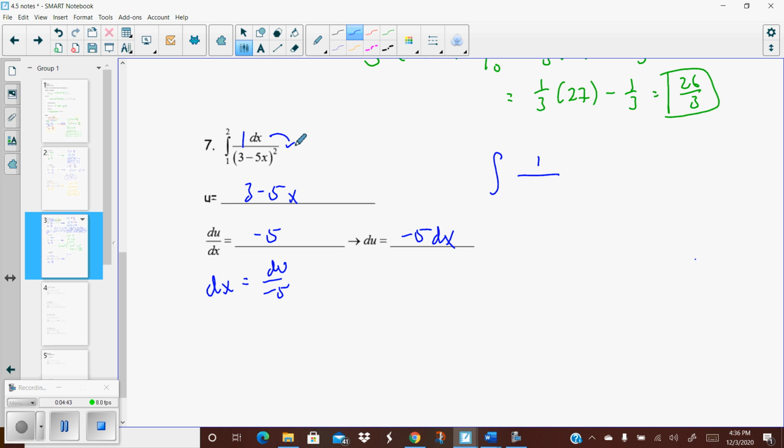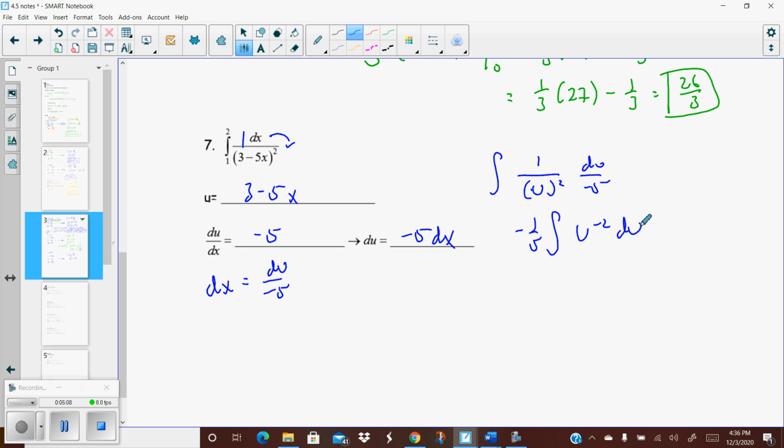So I'm going to replace the 3 minus 5x with a u, so that'll be u squared in the denominator. My new dx is going to be du over -5. So let's bring the -1/5 out to the front. I want to have that not as 1 over u squared, but bring that up to the top, so that would be u to the negative 2 du.